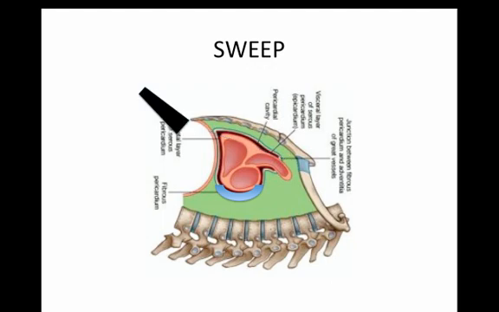Now, if the probe is tilted like so, you can see that the plane of the beam actually will intersect that pericardial effusion. Doing a complete sweep ensures that you don't miss this type of effusion.